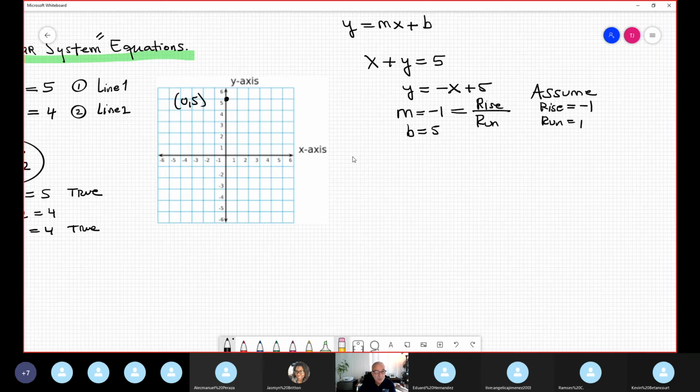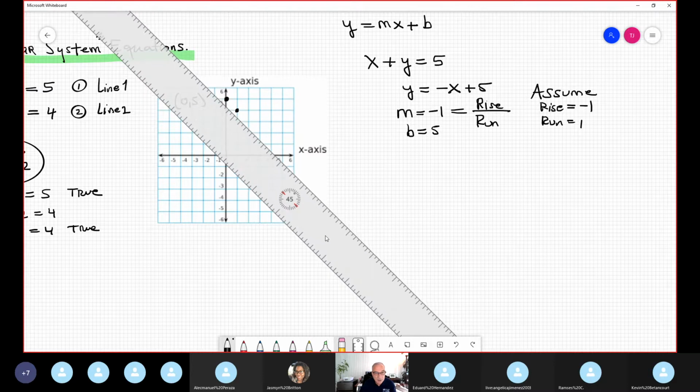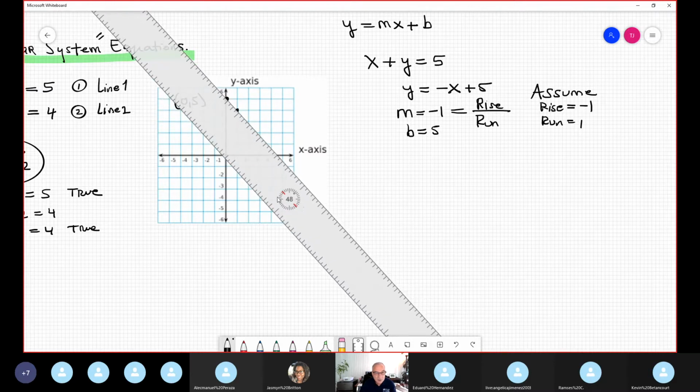So 1 unit down and 1 unit to the right, we get the second point, and we connect it. And we have the line to represent this, approximately. Let me use a red color for the first line. This is the line that represents the first equation, number 1.